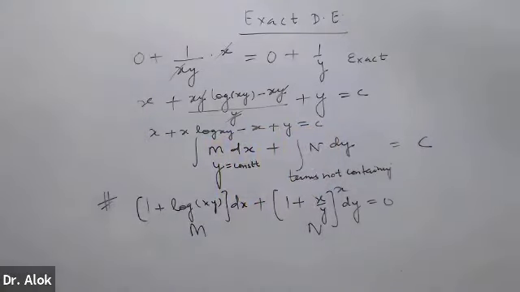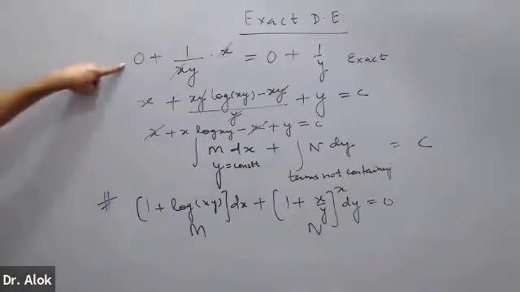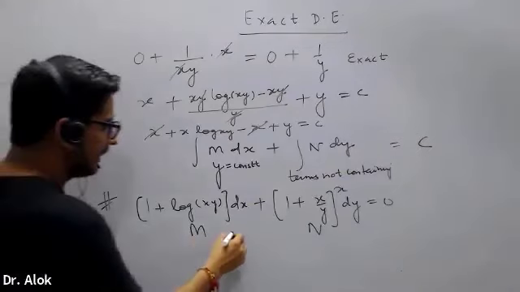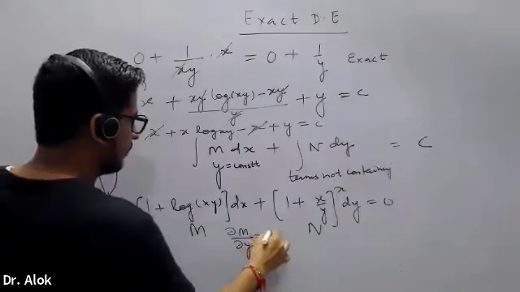Check once. Sir, please explain how you have written the first equation to find that it is exact. This one? Yes, sir. Del M by del y is equal to del N by del x.